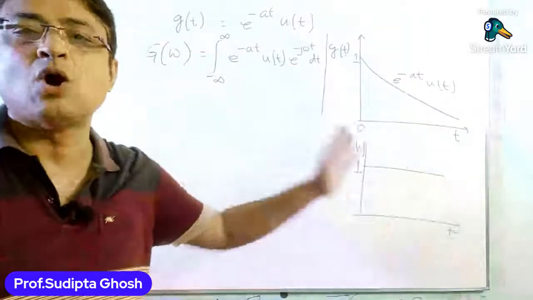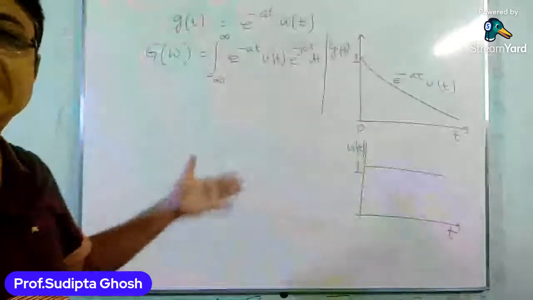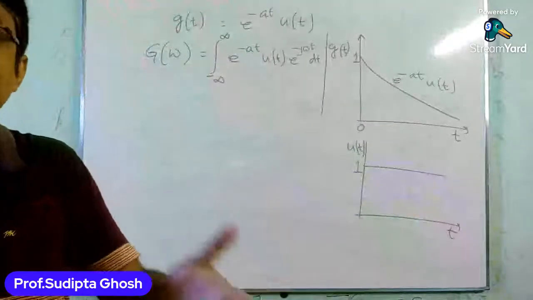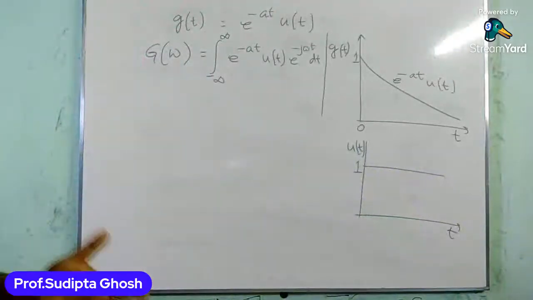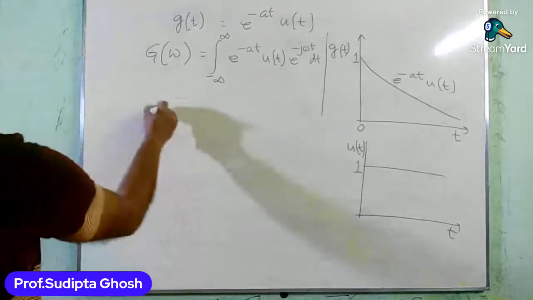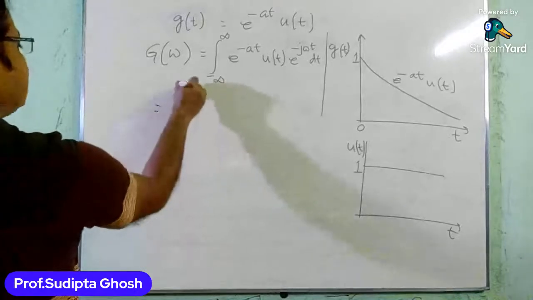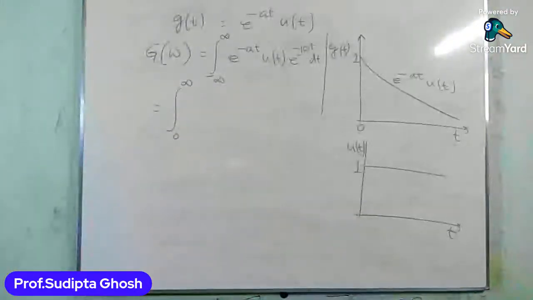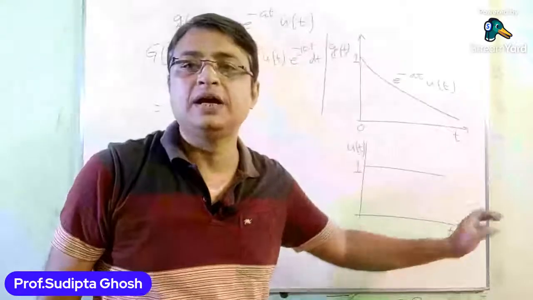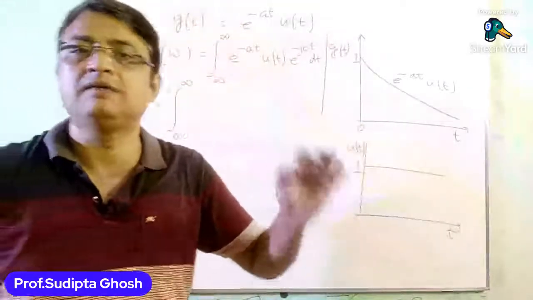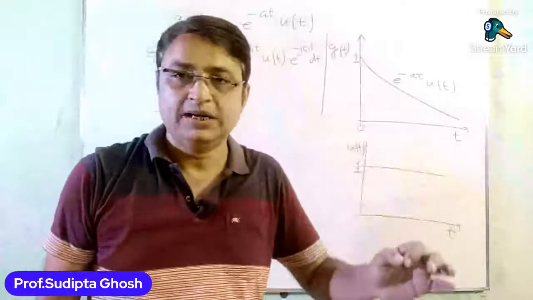Okay, so by writing the integral from minus infinity to plus infinity, because the unit function is always defined in the region where t is greater than or equal to 0, beyond that, at minus infinity, the unit step function doesn't exist. So this integral limit should be modified, and we can write it as 0 to infinity. Within this region from t equals 0 to infinity, the unit function remains at its unit value.